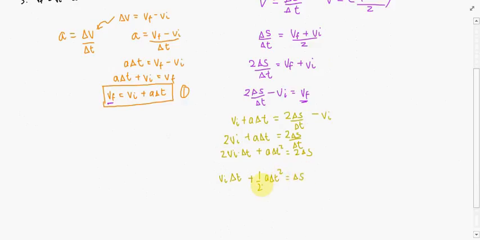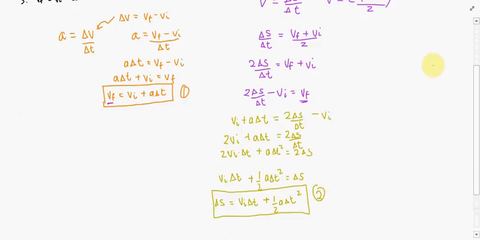So again, I'll just rewrite this slightly. In essence, it's saying delta s is equal to vi delta t plus 1/2 a delta t squared. And there we go, second equation done. That's equation number 2. This is quite a useful equation.